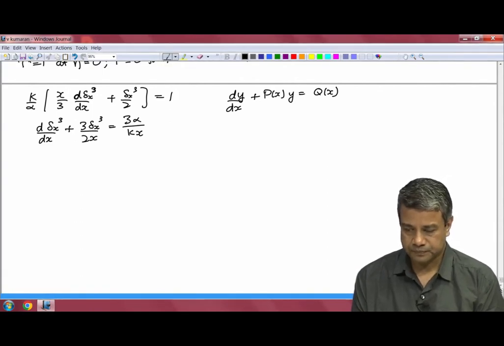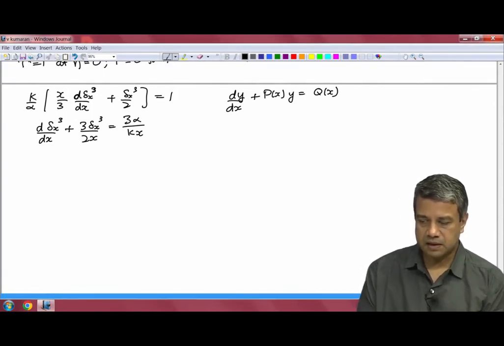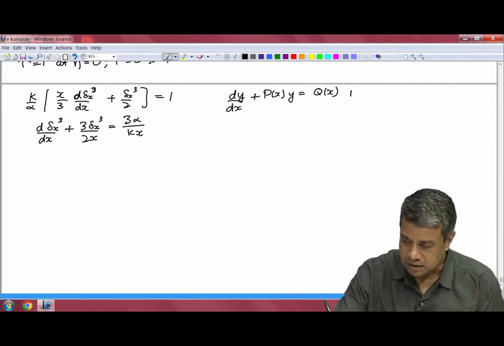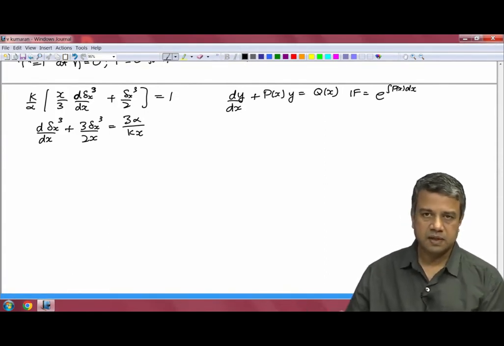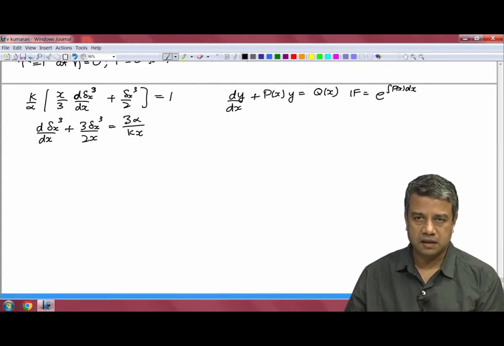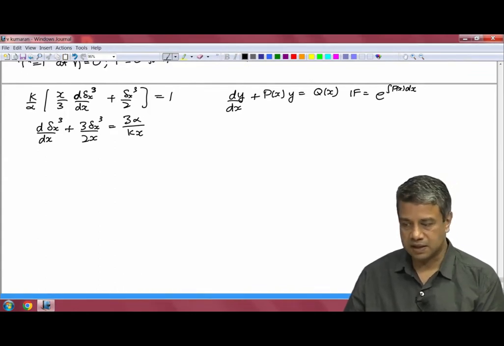This is done using an integrating factor, which is defined as e power integral p of x dx. This is usually written as an indefinite integral, as an antiderivative.